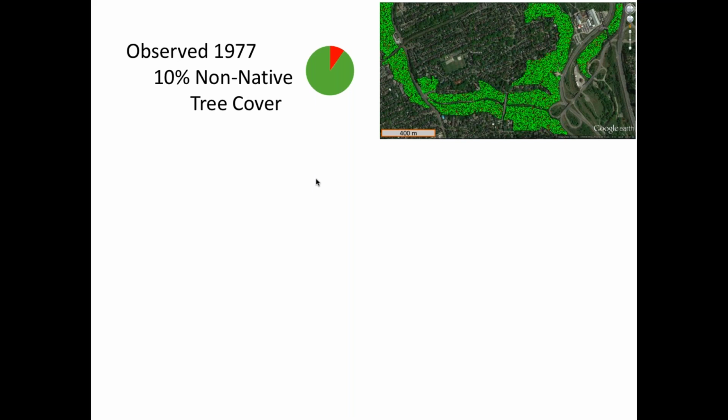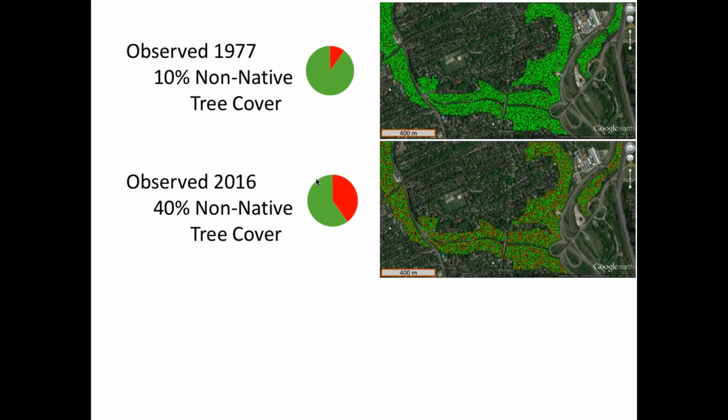So this is a map that the students and Eric put together, and it's hard to see at the top here, the little red dots, but 10% of those red dots in this one ravine site are considered not native. And again, these aren't actual sample points, but they're estimates within these plots. But in 2016, when we go there, we start to see 40%. So you start to see a change.